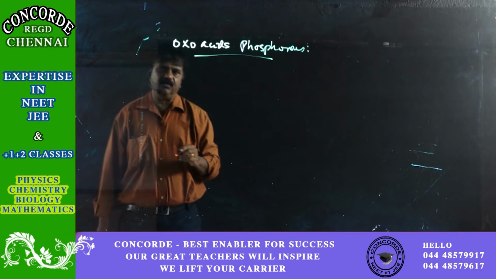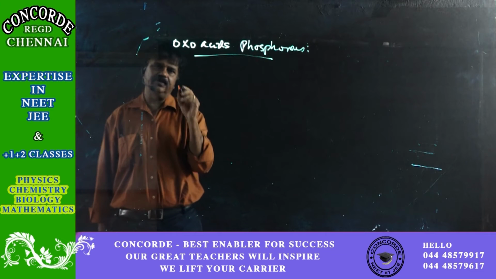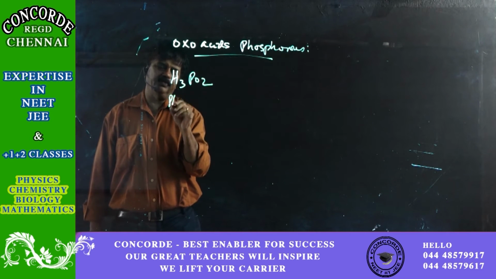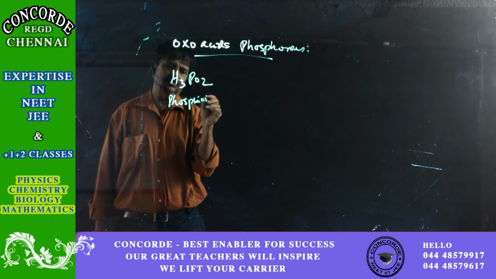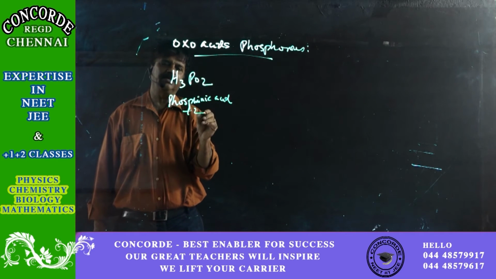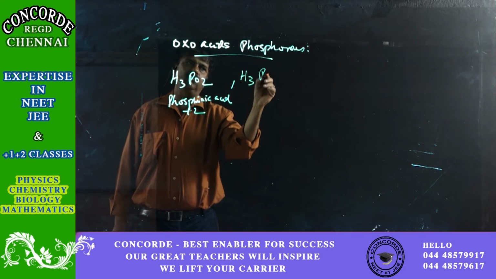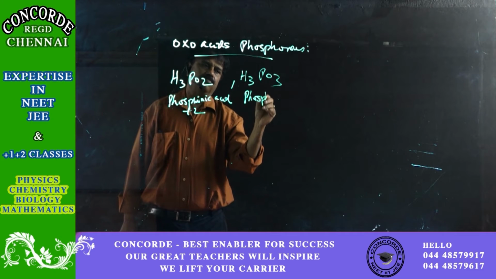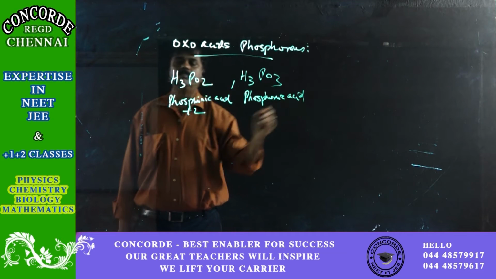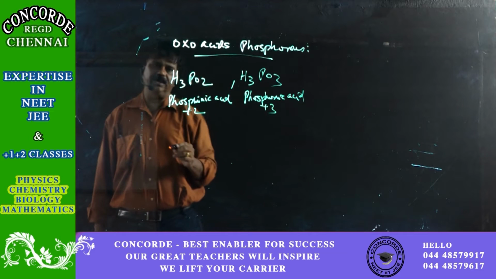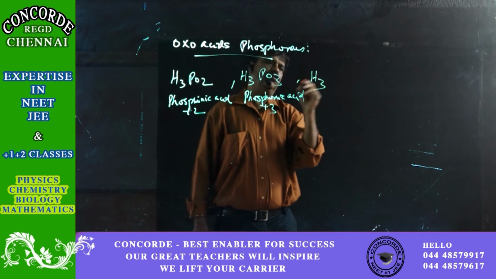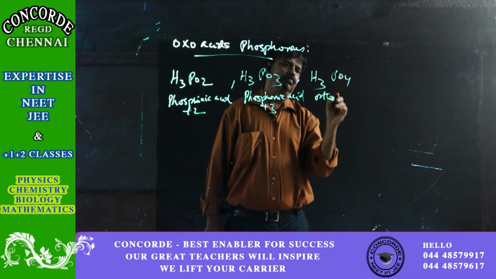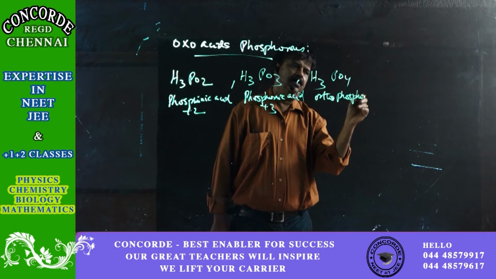Phosphorus forms different types of oxo acids, right from H3PO2, which is phosphinic acid with an oxidation state of +1, and then H3PO3, this is phosphonic acid with an oxidation state of +3, and H3PO4, this is orthophosphoric acid.